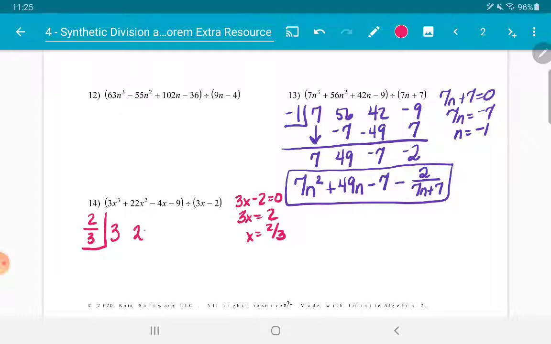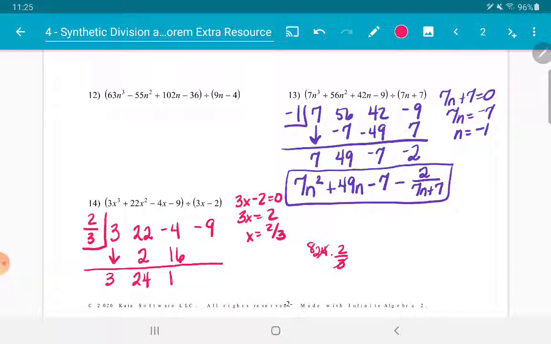So I'm going to put my coefficients, 3, 22, -4, -9. I'm going to bring my first term down. 3 times 2/3 is 2. Add 22 plus 2 is 24. 24 times 2/3 is 16.